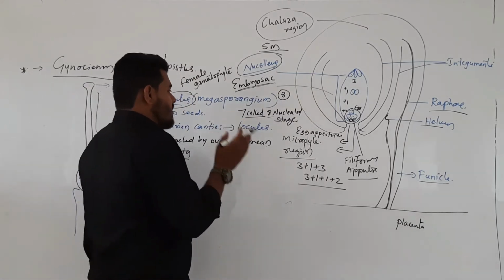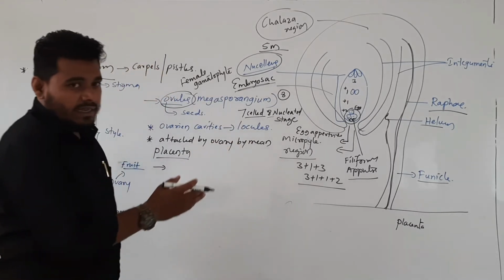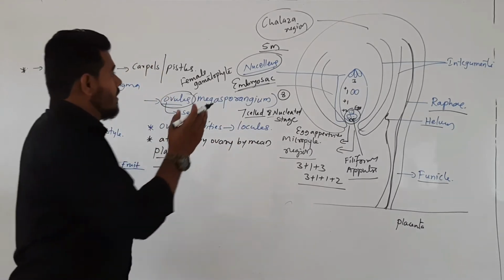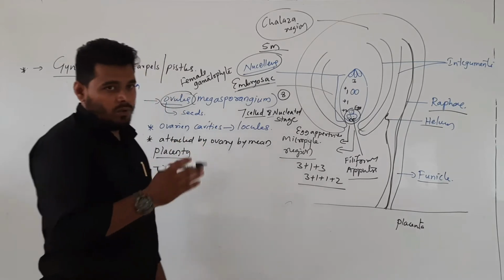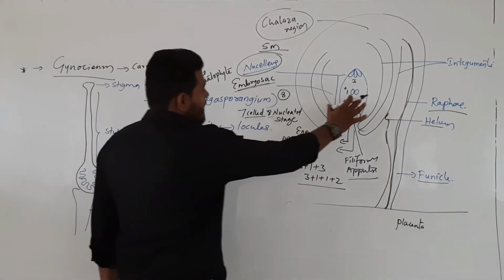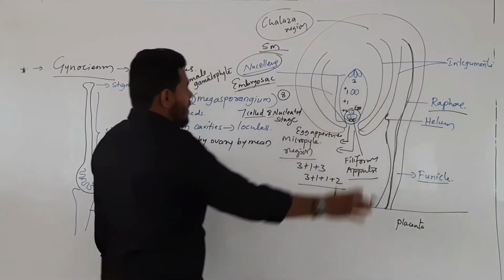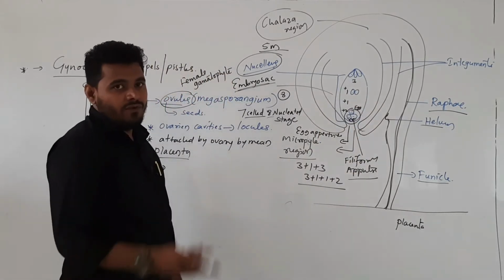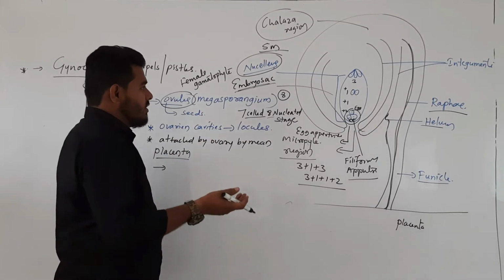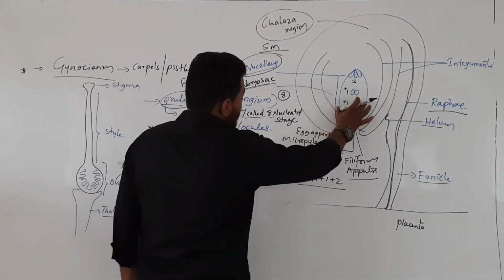Along with that they may ask for the explanation of the megasporangium or ovule, or for 3 marks about this diagram, the embryo sac or female gametophyte, either explanation or only the diagram.